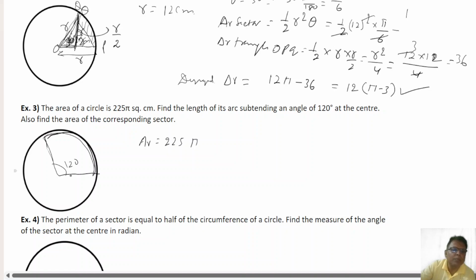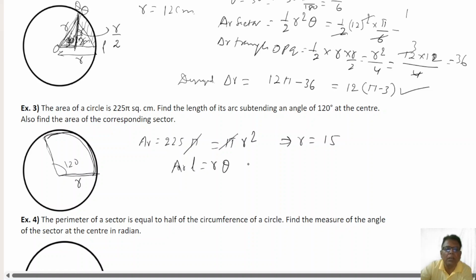So first we will have to find the radius. What is the area? That is equal to pi r square. Pi cancels. That implies r is equal to 15. So arc length L is equal to r into theta. What is theta?